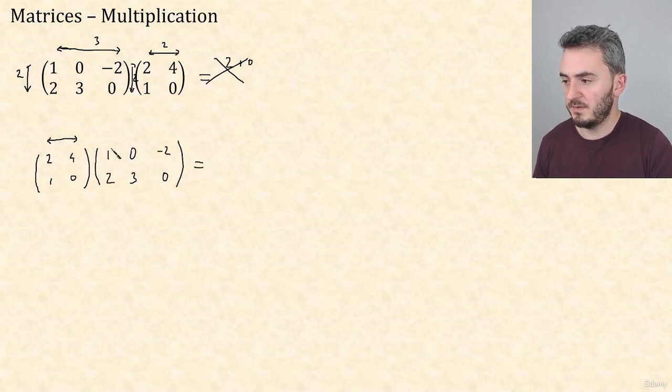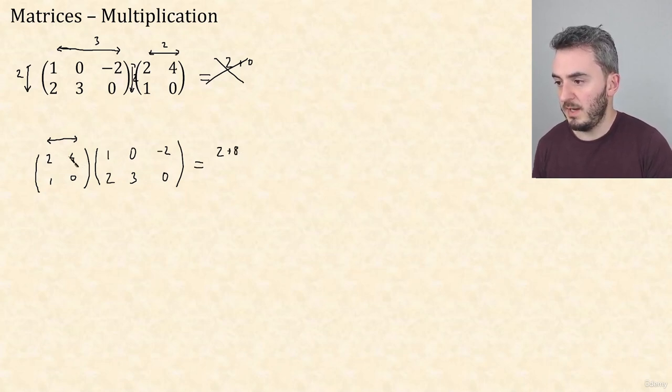Let's see what we get. It's 2 times 1 plus 4 times 2. And then next cell along is 2 times 0 plus 4 times 3. And then it's 2 times minus 2 plus 4 times 0.